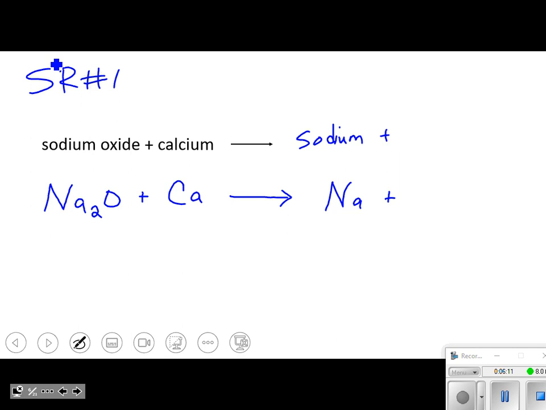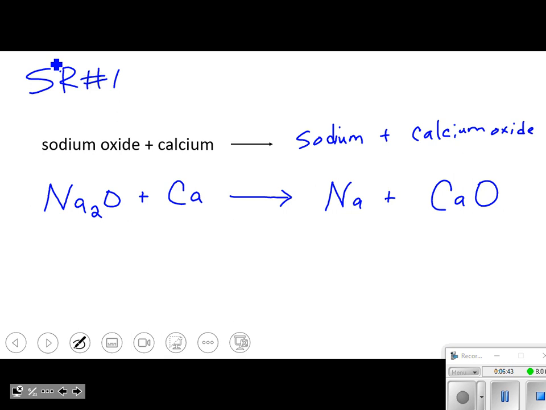And that leaves me with my new salt, so I'm going to get sodium, and I'm going to get calcium oxide. Calcium's a group 2, so it's a 2 plus. Oxygen is going to be group 16. It's going to be a 2 minus, so that's going to be CaO.